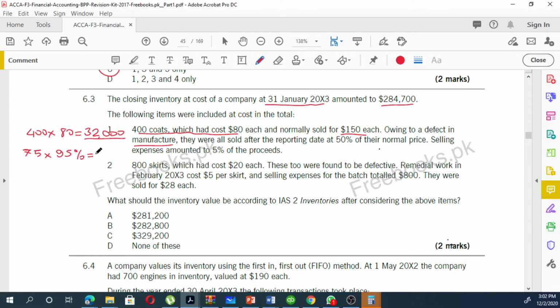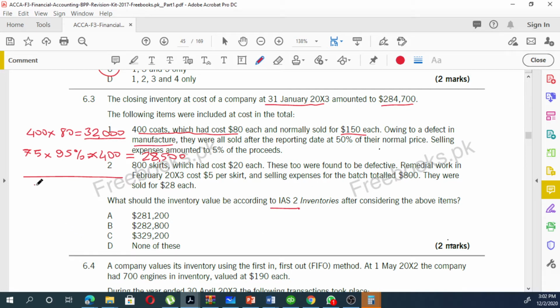So we will multiply by 400 coats, so that will be $28,500. You see, it costs us $32,000, but we are able to sell them at $28,500, as a principle of the lower of cost and net realizable value according to IAS 2 Inventories.